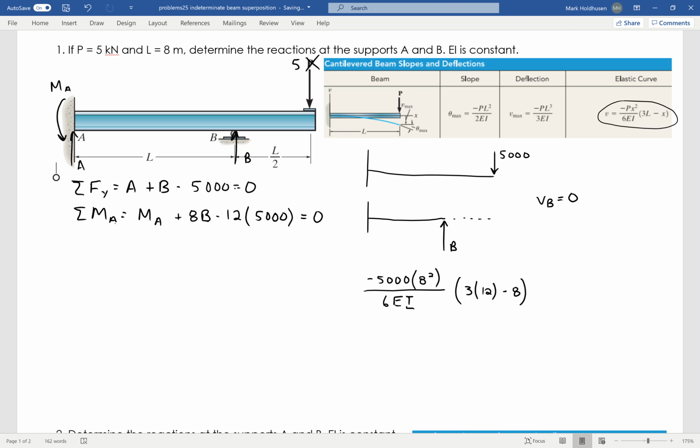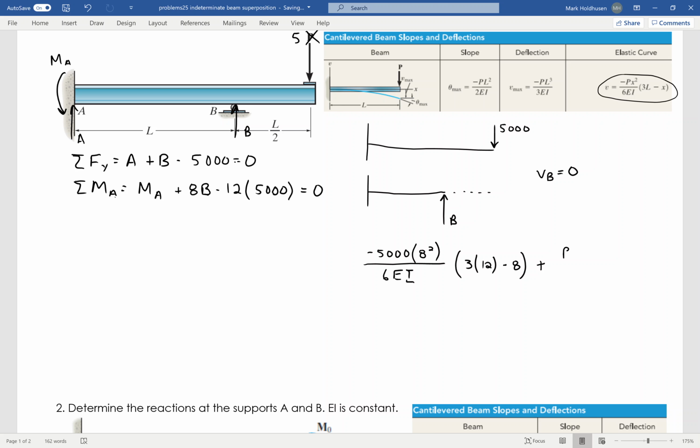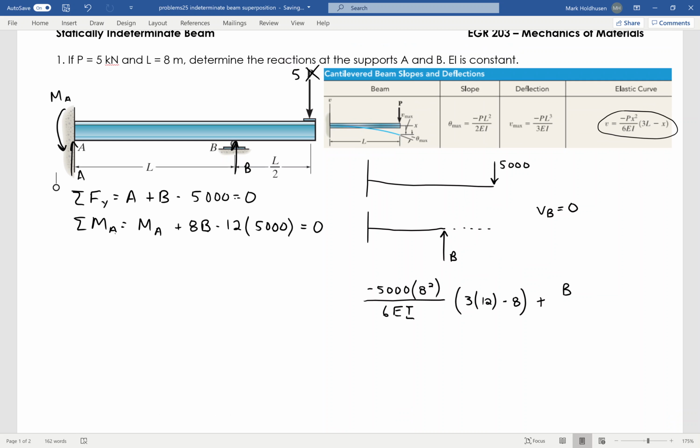To that, I'm going to add the deflection of B. Again, this is essentially just like an 8-meter beam at the end point. So it's going to be that max deflection of PL cubed over 3EI, and this one is upward. So instead of P, I've got B, and instead of L, I have 8 cubed, and then 3EI.